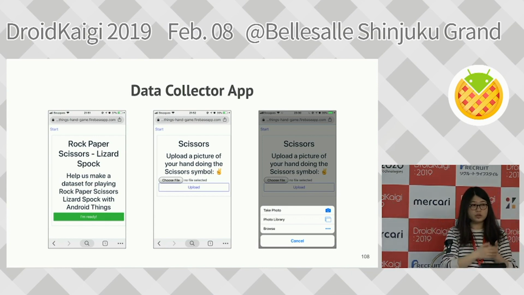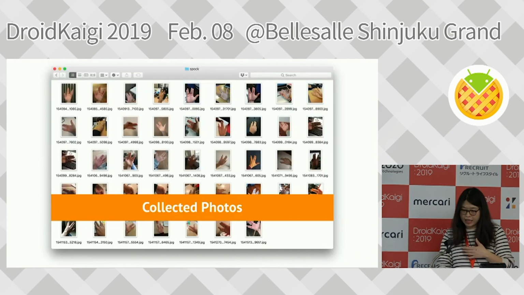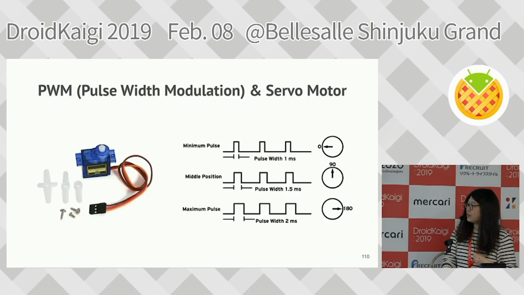As you know, in order to train the model which recognizes the gesture, I need a lot of images. Then all my friends sent me different kinds of gestures, which is really nice. And in order to build the robot's arm, I used servo motors. Servo motors can move to the angle you need in order to perform the movement.